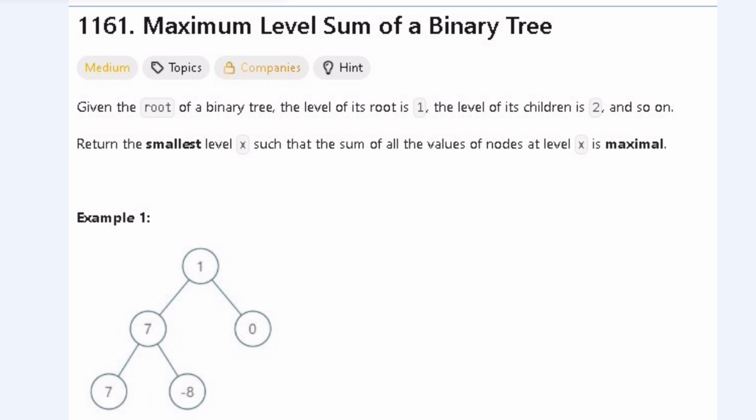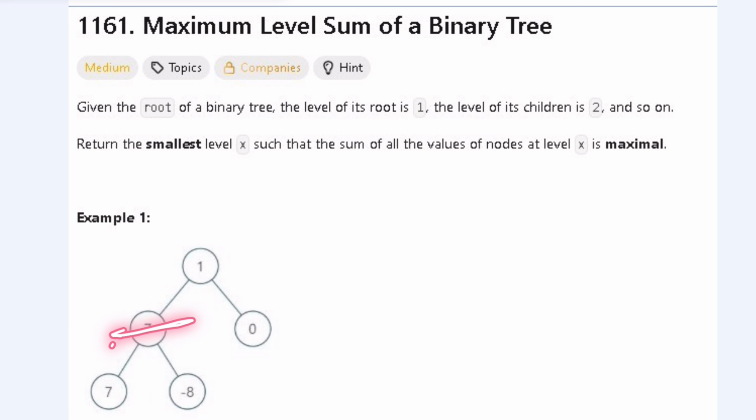So return the smallest level x such that the sum of all the values of the nodes at level x is maximum. Let's see. If we talk about this binary tree, it contains one root, then we have two children.